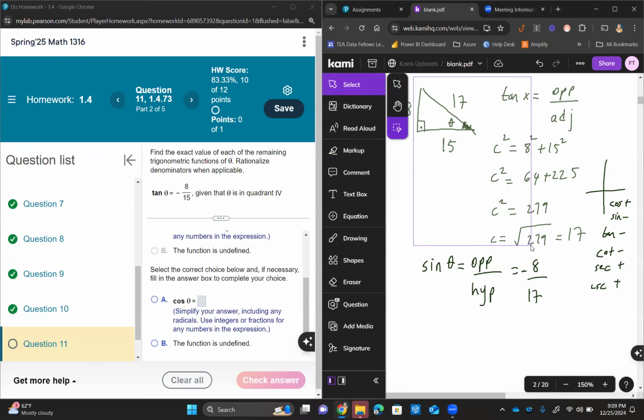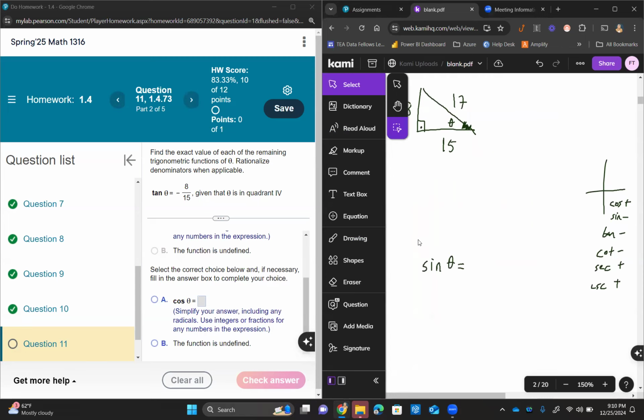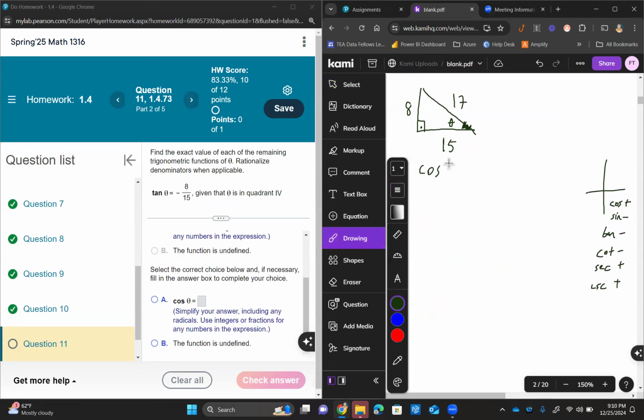Next, I shouldn't be erasing everything because I'm still going to need my triangle, but I do believe that we do not need the work for sine and the hypotenuse. So I'm going to delete this portion and this part. So next thing I'm going to work on is cosine of theta.